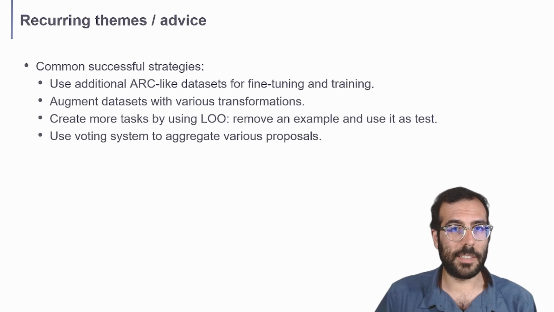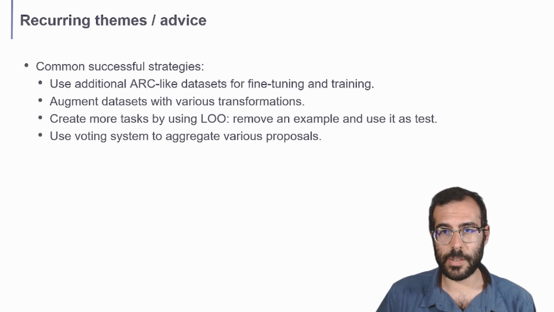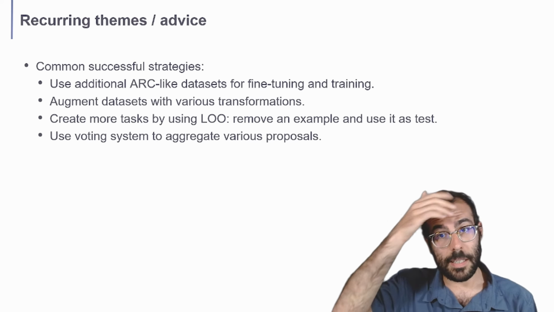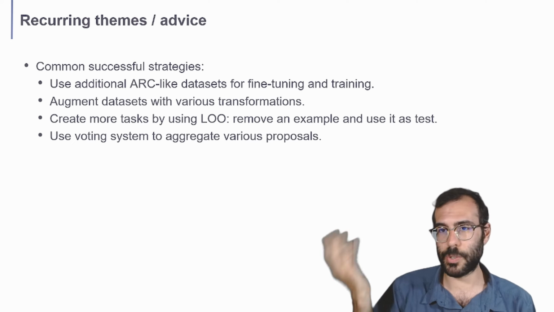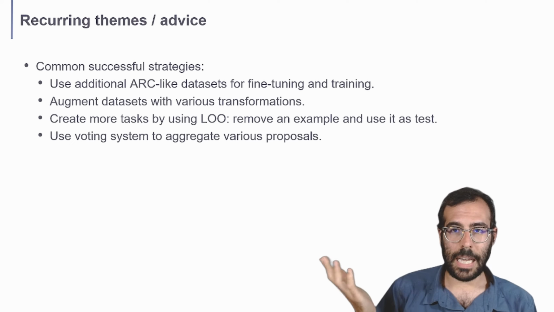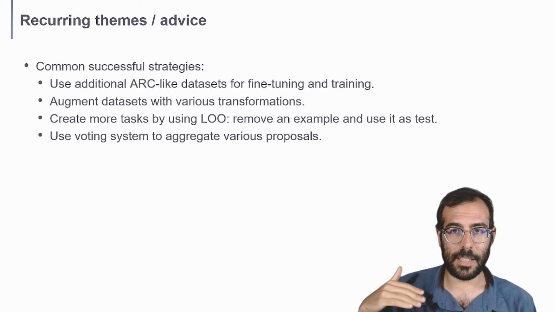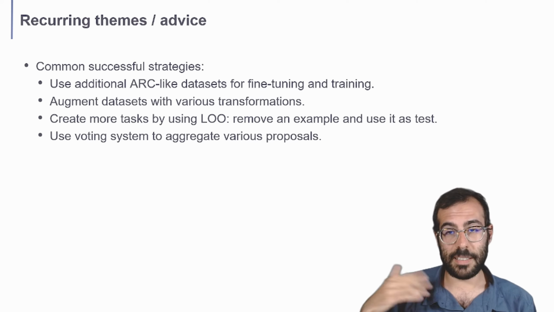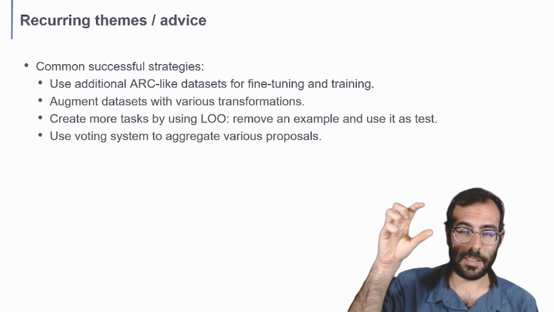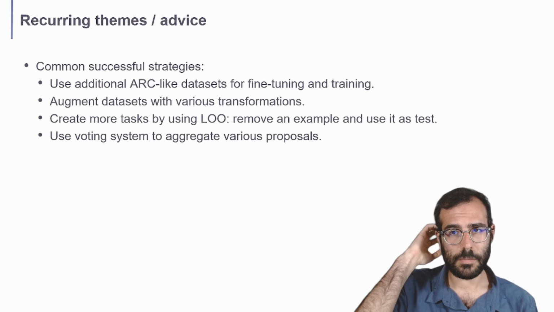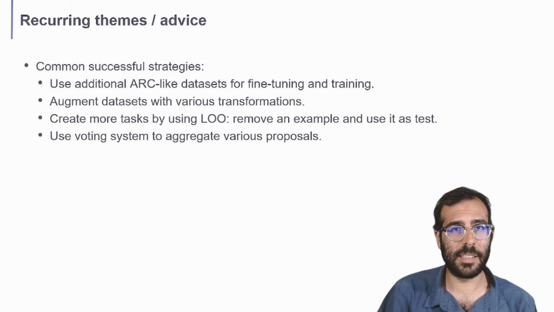You can also use voting systems to aggregate various proposals. I've only mentioned this, but I think that's one of the things that are still underexplored. You have a bunch of solutions. You want to know, okay, how do I pick one if I cannot test, for instance, if you're doing transduction and you don't know how well they fit the examples in your task.